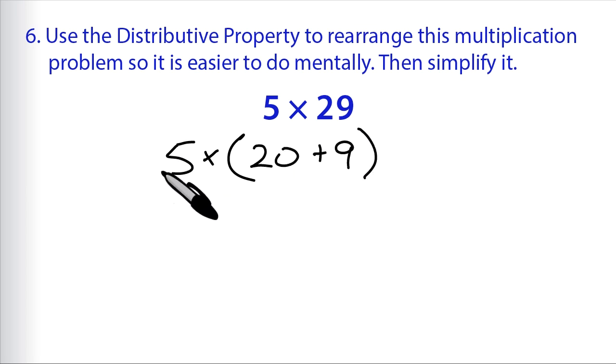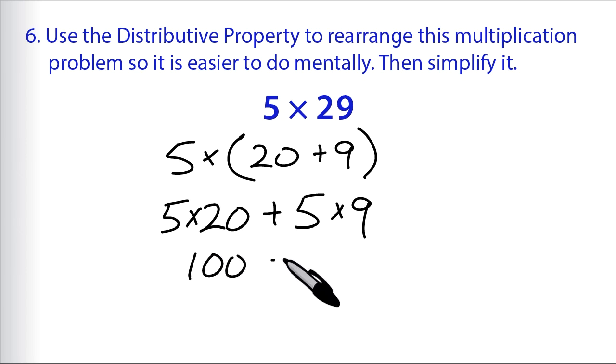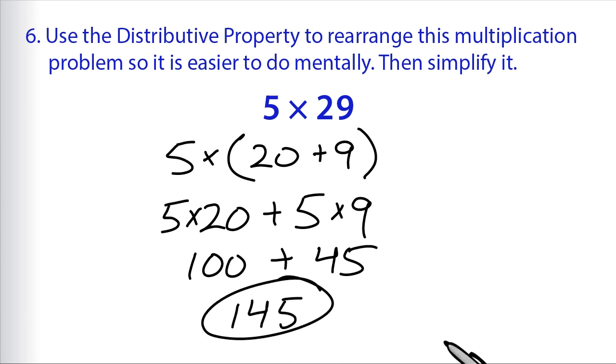Now we can apply the distributive property, and we'll have 5 times 20 plus 5 times 9. This is much easier than going 5 times 29 directly. 5 times 20 is 100, plus 5 times 9, which is 45. That's a pretty easy addition problem. The final answer is 145.